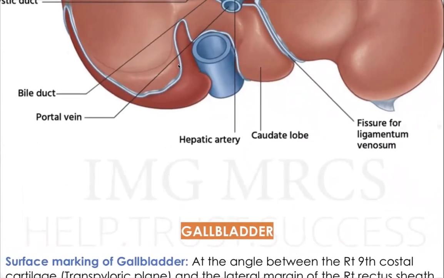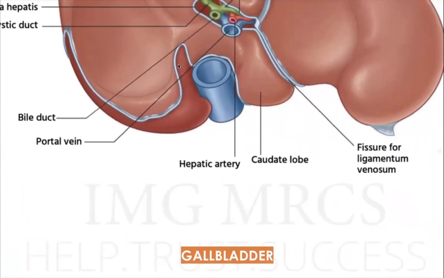First of all, this is a right angle between two lines. Suppose this is the first line, the midclavicular line. The midclavicular line is also known as the lateral margin of the right rectus sheath, both of them are the same.